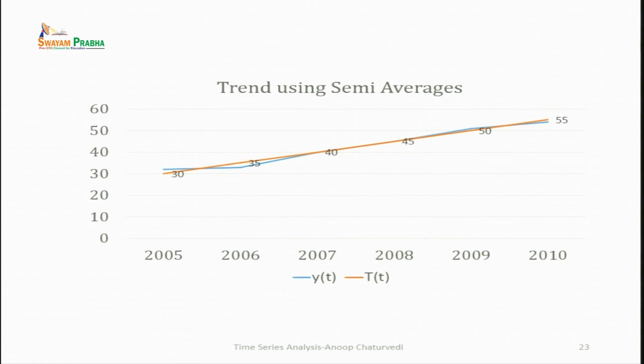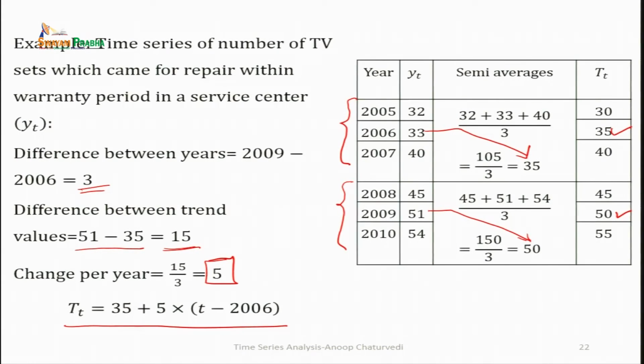And in fact, you can use this straight line of trend values for forecasting purpose also, because suppose you want to forecast the value for 2011, then 2011 minus 2006 is equal to 5.